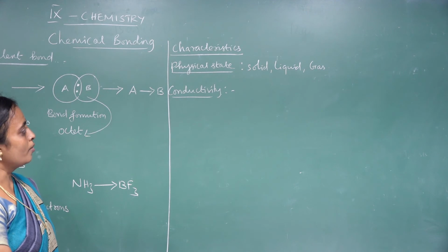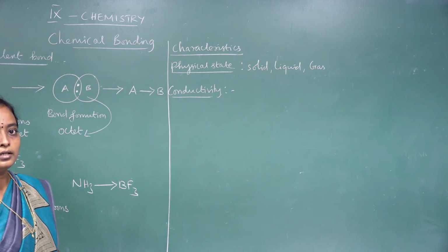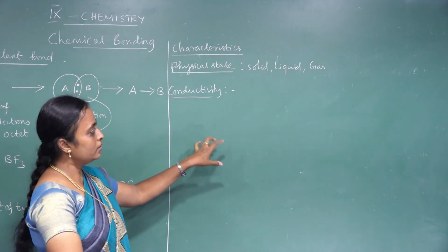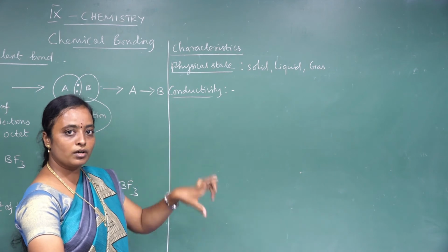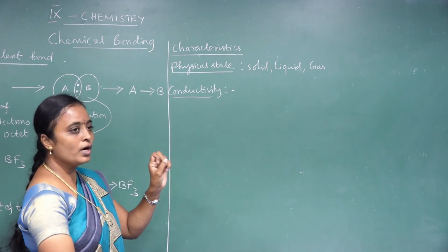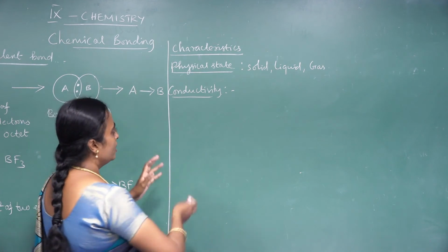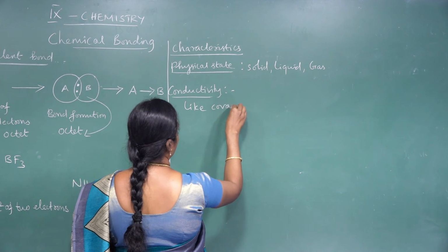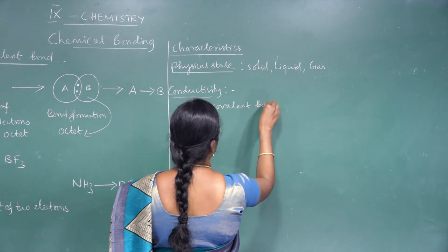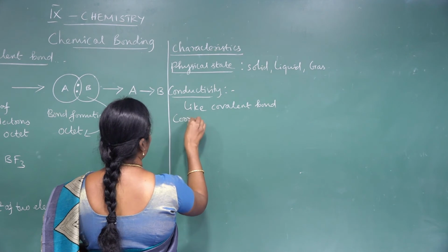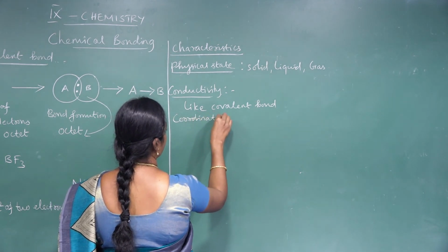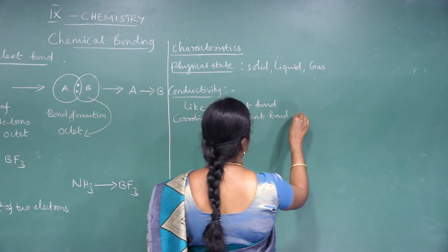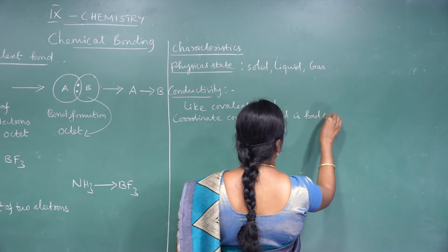Like a covalent compound, a coordinate covalent bond compound also has poor conductivity. So it is like the covalent bond; the coordinate covalent bond also is a bad conductor.